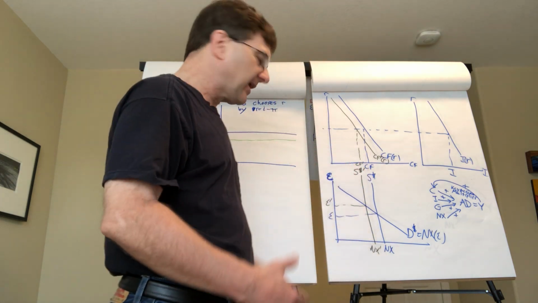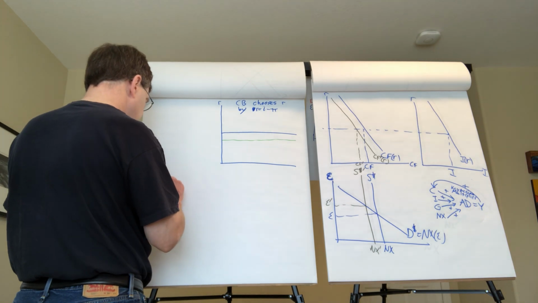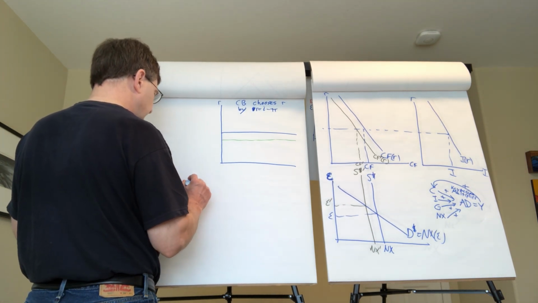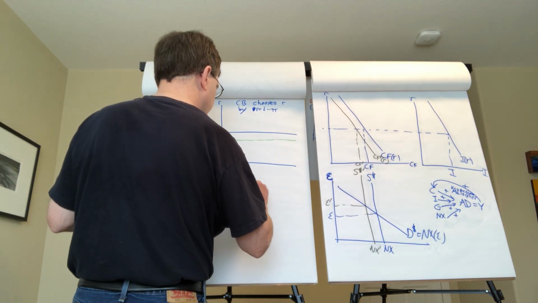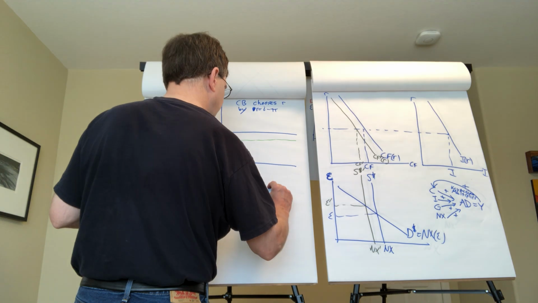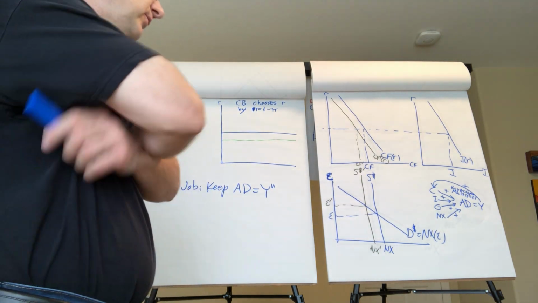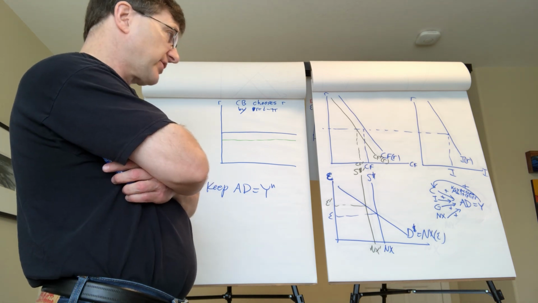But one of the Fed's jobs, and arguably its biggest one, is to keep aggregate demand equal to the natural level of output. Natural level of output, let's assume here, has not changed because of the risk-on situation.